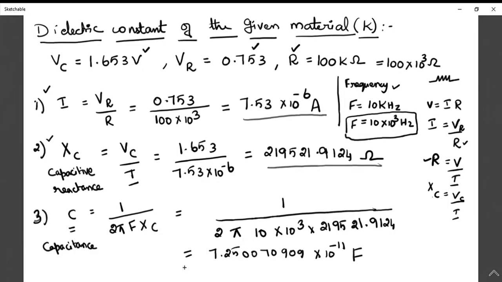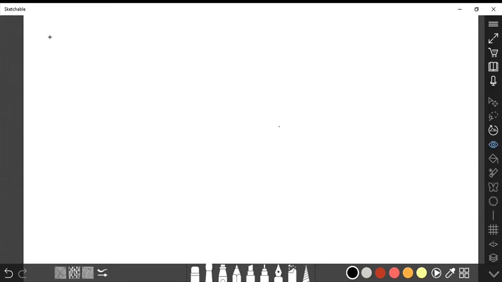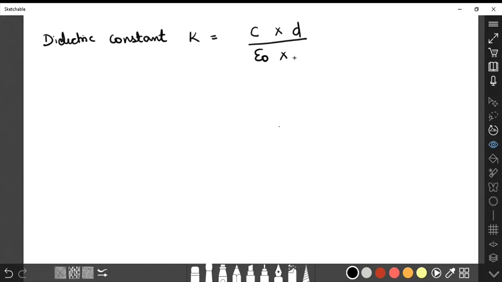For that we have to use this value of C. So let us go and discuss the dielectric constant formula: dielectric constant K is equal to C into D divided by epsilon naught into A. The C value we have just calculated, and epsilon naught is the permittivity of free space.